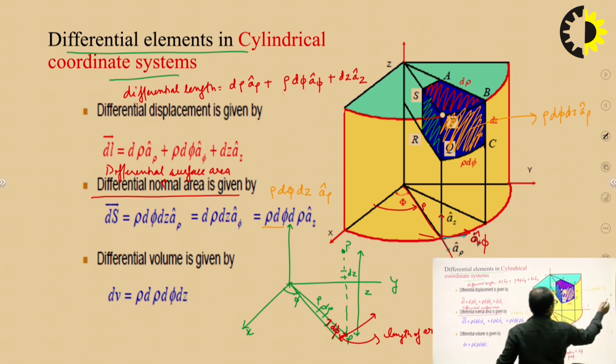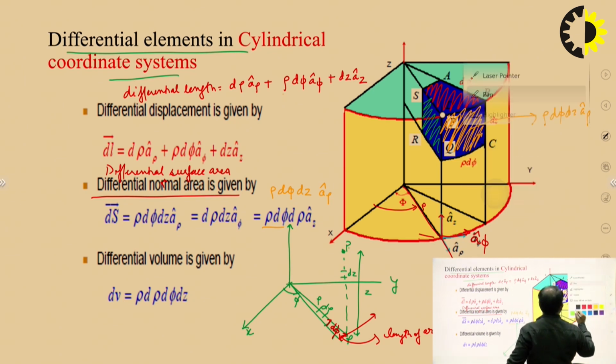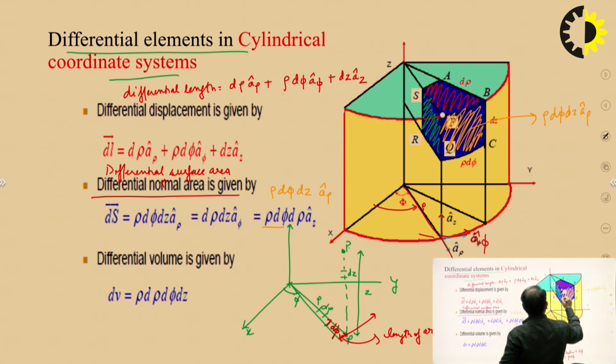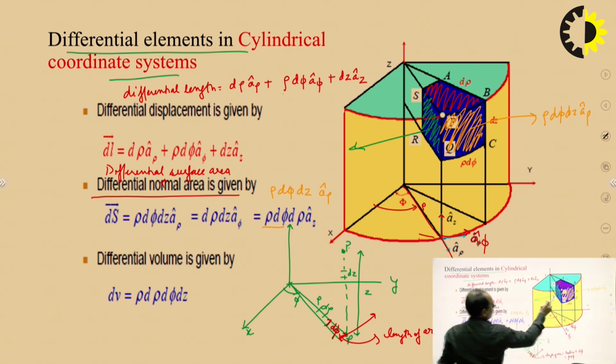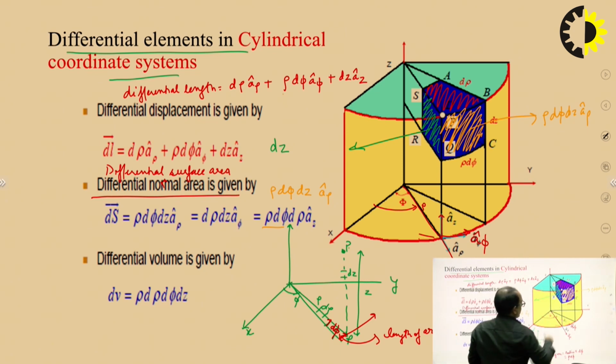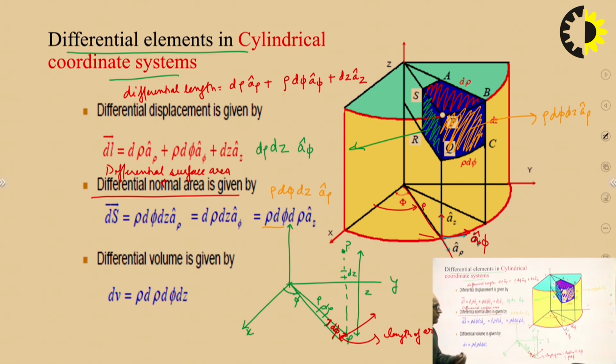Clear? Now if I talk about this one, so this one will be equal to what? In this, dz varies, phi is constant, but rho varies. So it is d rho dz, and the unit vector direction will be minus a cap phi.